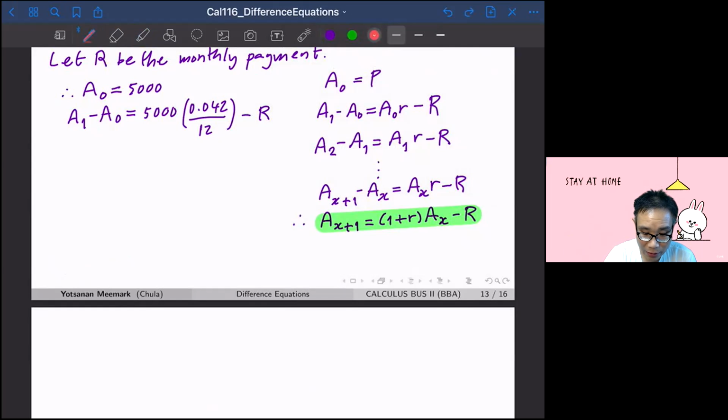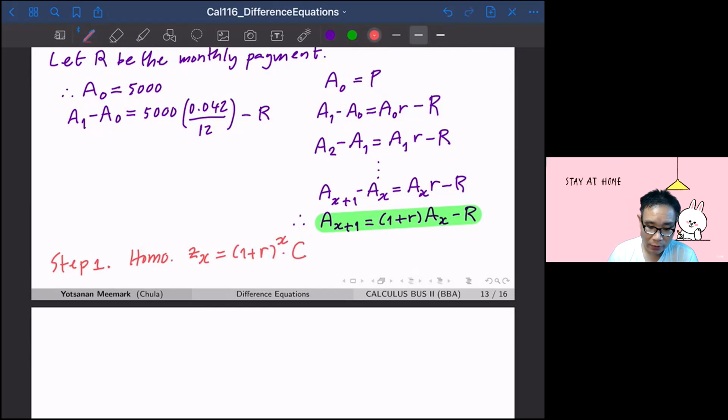Step 1 is going to be the homogeneous part. So for the homogeneous part, you set A(x) equal to (1 plus R) to the x times a constant.